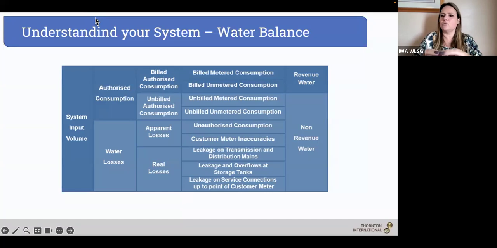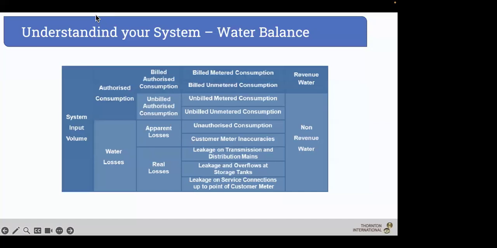You need to understand where your water is going in your system. Is it being used? Is it being lost in leaks or in unauthorized consumption? What's happening there? So first of all, we always need to understand that the system needs to be measured, and we need to have the water balance for our system in order to start thinking about controlling this.